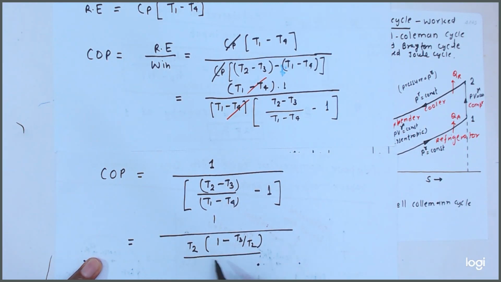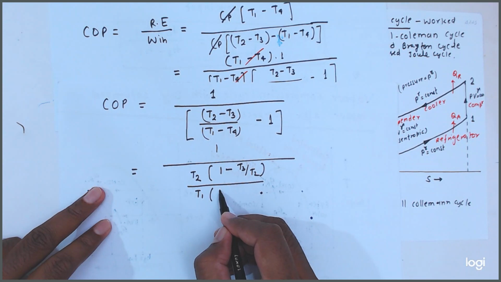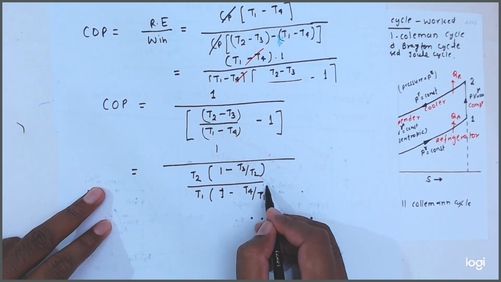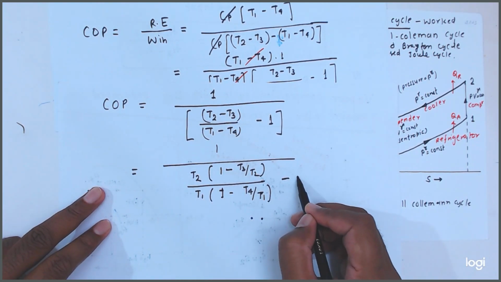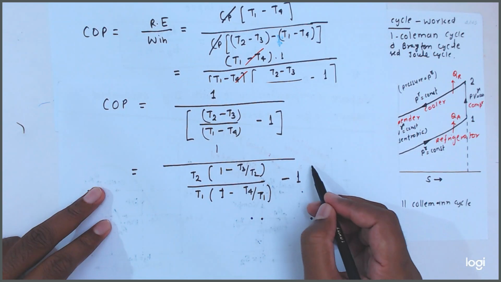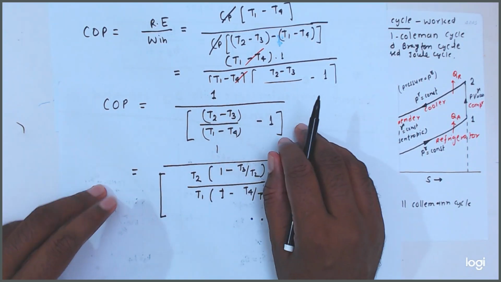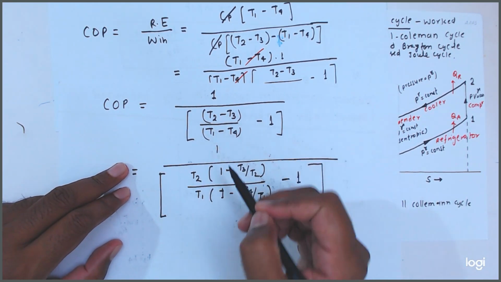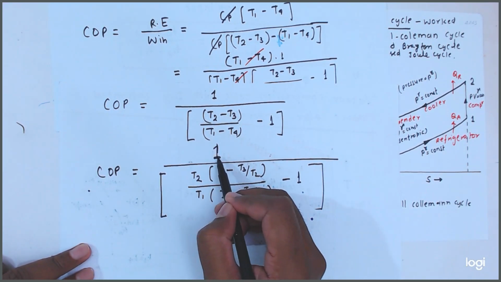And from the bottom side T1 is taken common, so 1 upon [(1 minus T4 divided by T1)], and this is minus 1. Nothing else, I just took T2 common from here and T1 from here. This is the COP.